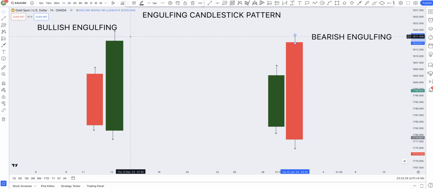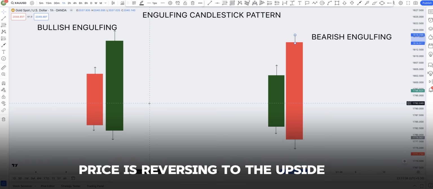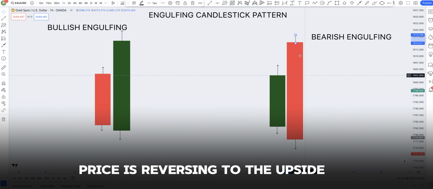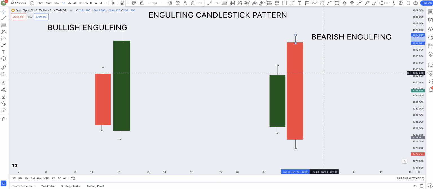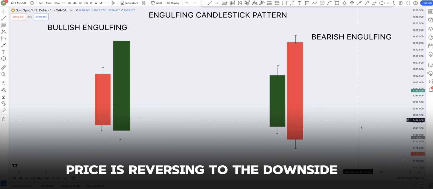So this is a bullish reversal engulfing candlestick, and this is a bearish reversal engulfing candlestick. When price is moving in a downtrend and you see this bullish engulfing candlestick, it is trying to tell us that price is reversing to the upside. And when you see a bearish engulfing candlestick in an uptrend, then it is telling us that price is reversing to the downside.